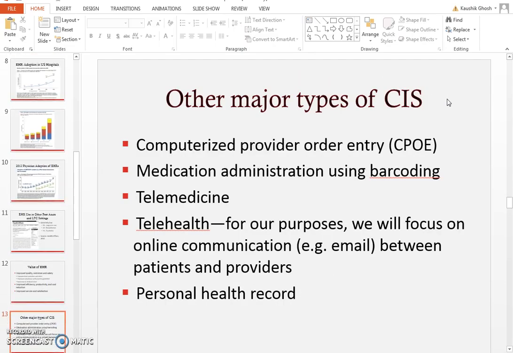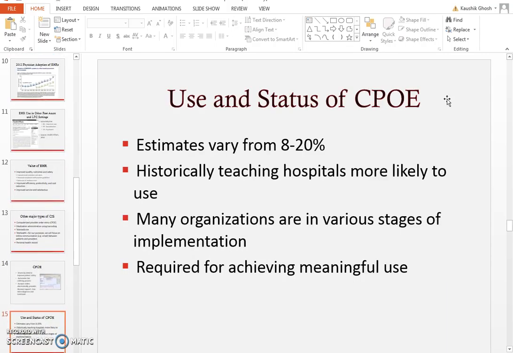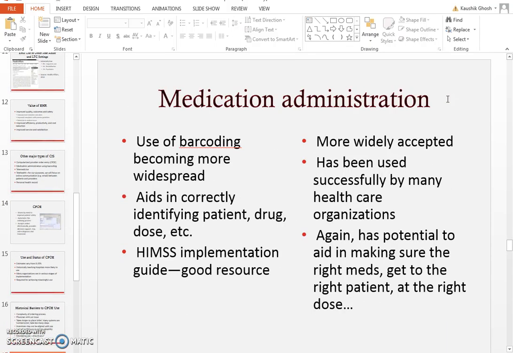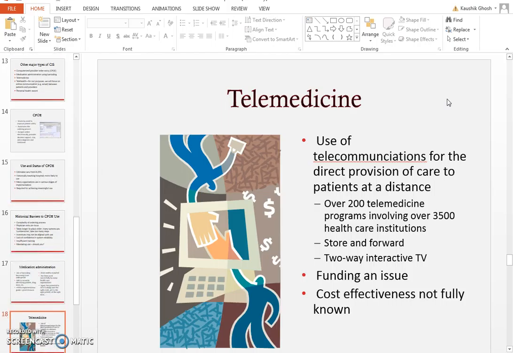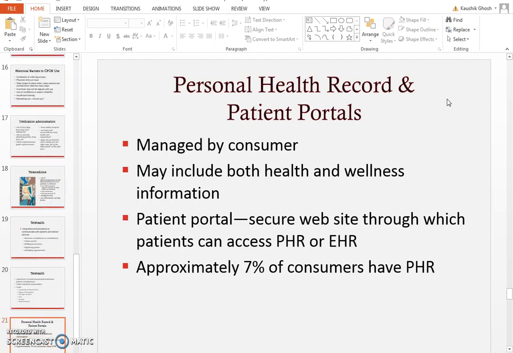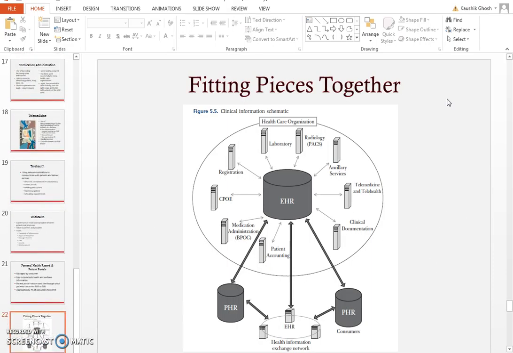Value of EHR, major types of computer information systems, what are CPOEs, barriers to CPOE adoption, the medication administration, what is telemedicine, telehealth, personal, and fitting the pieces. So you have so many stakeholders.